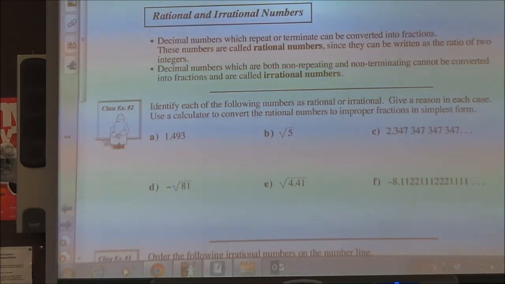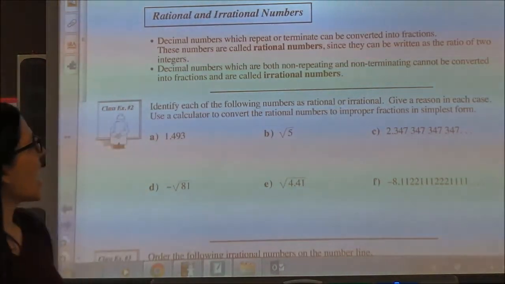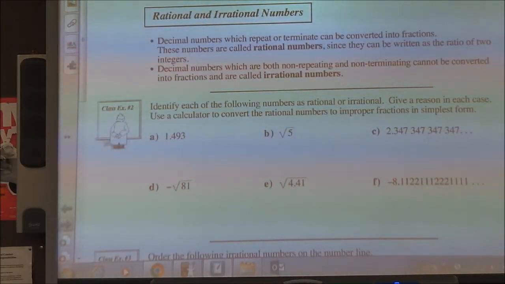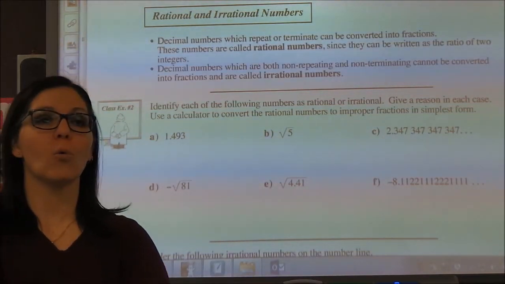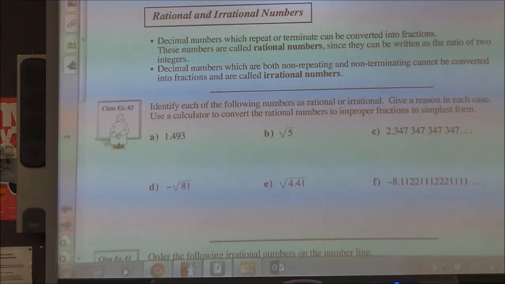Numbers that terminate or repeat can be converted into fractions. All of those numbers on the previous page that were repeating or terminating could be written as a fraction. Anything that can be written as a fraction is a rational number. That's the definition of a rational number: a quotient of 2 integers.